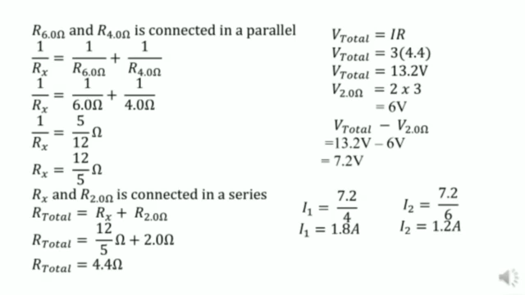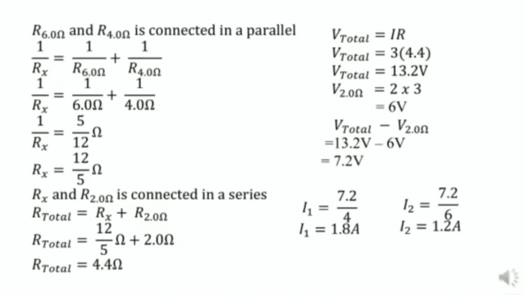Firstly, we must find the total resistance of this circuit. First step is the R of 6.0 ohms and R of 4.0 ohms are connected in parallel, so we use the formula of the circuit connected in parallel.